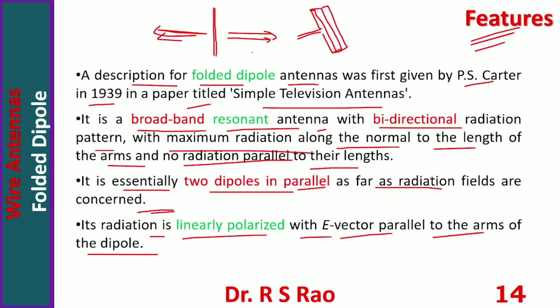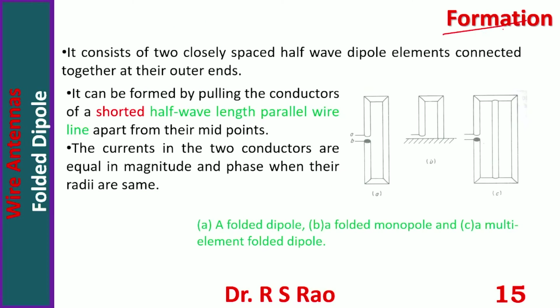The radiation by the second one normally gets added to the radiation given by the first, provided the distance between these two dipoles is negligibly small. When radiations get added naturally, it results in more radiation, more radiative power than given by a single dipole. The resultant structure is termed a folded dipole formation.